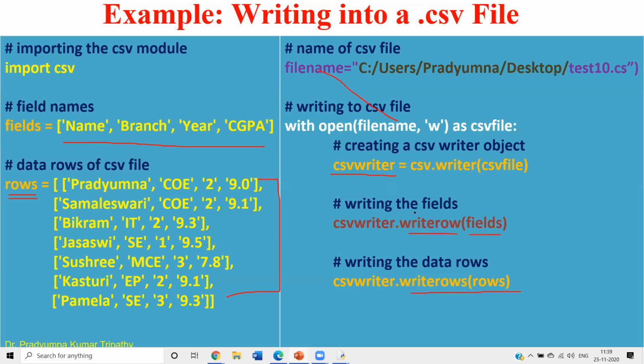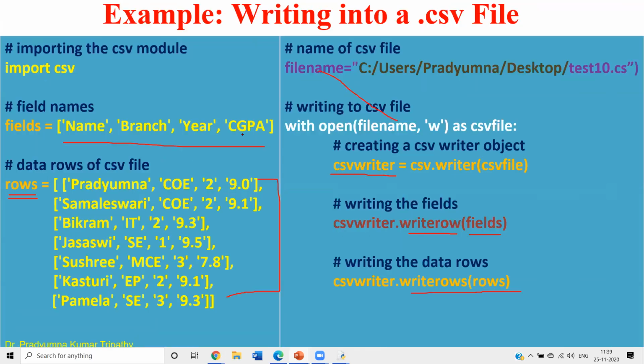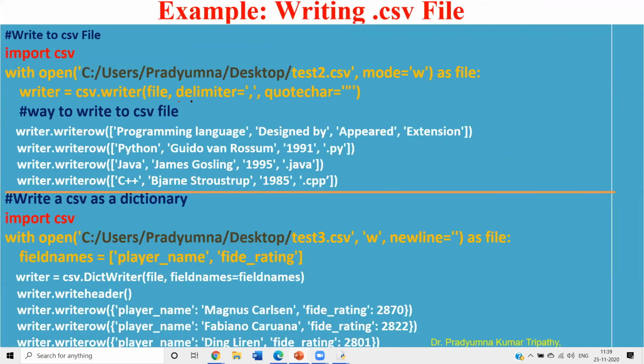So directly I'll write into the file. In exactly the same way, you can see over here, I have opened a CSV file and written some rows into it. Here, my delimiter character is a comma, the values are separated by commas. If your file contains semicolon-separated values, you just change this comma to a semicolon. Is that clear?